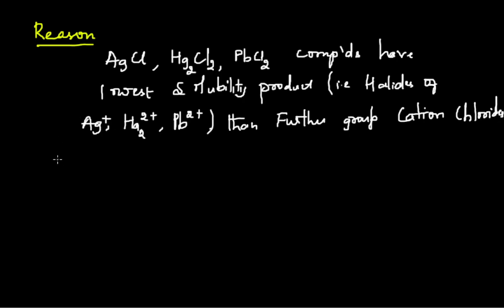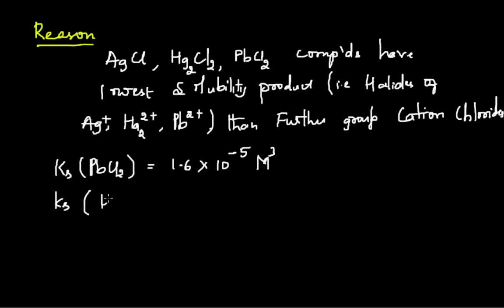So if you want to know the values, for example, solubility product of PbCl2 is 1.6 into 10 to the power of minus 5. Solubility product of Hg2Cl2 is 1 point something.